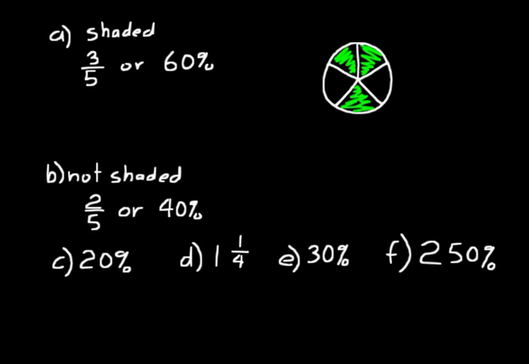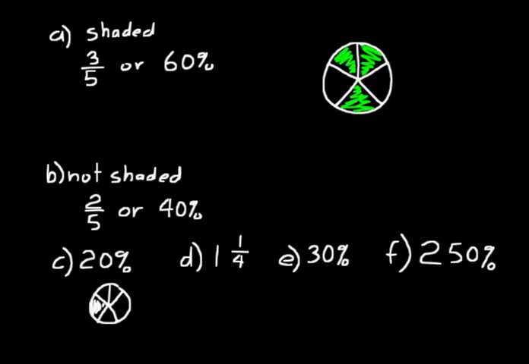Now in C through F, what I want you to do is use fraction circles to identify each of those fractions or percents, or to describe them basically. So on C, 20%, what you could do there is just think of 20, 40, 60, 80, 100, and I don't expect you to be perfect on breaking this into exactly 5 equal looking pieces.